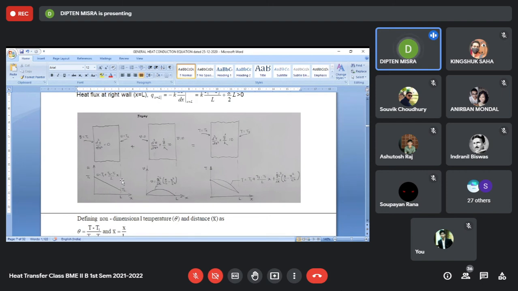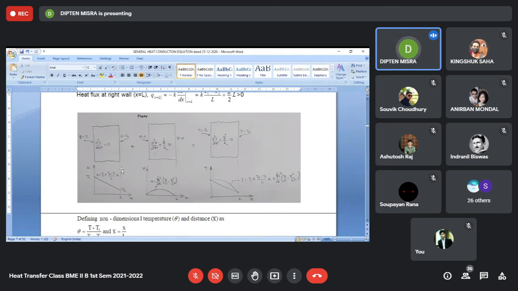We can take three things. One, how do we get this? We get this out of the governing equation, with the help of the boundary conditions. So the solution must not violate the very basis on which we obtained it: it must not violate the governing equation or the boundary conditions.